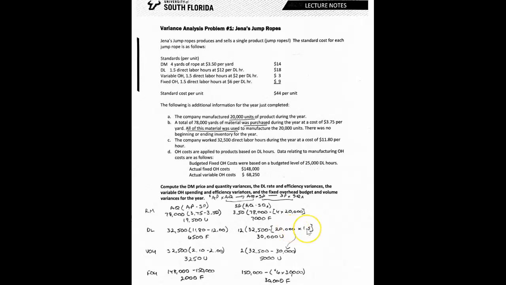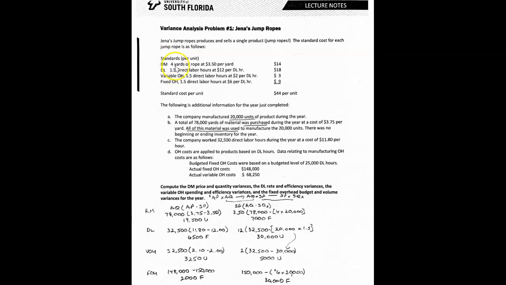Okay, so this would have been 30,000. So now I've got $12 times 2,500, or $30,000 unfavorable variance.